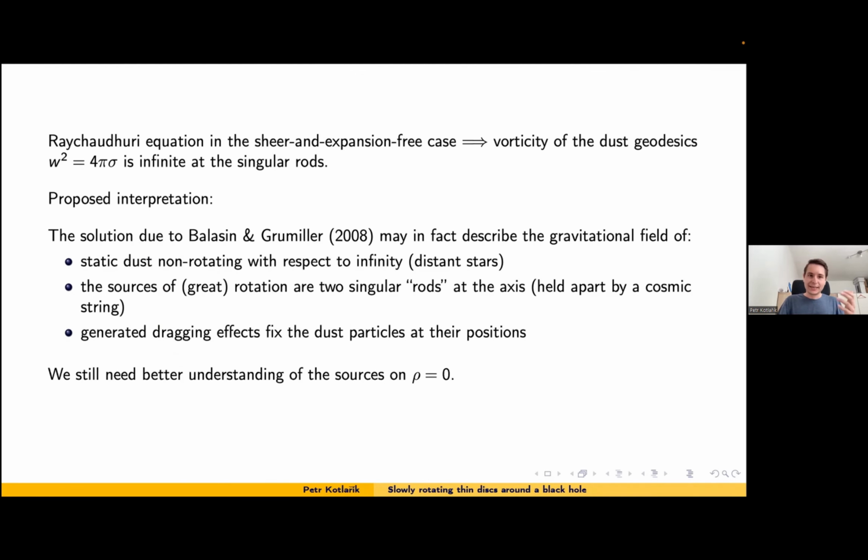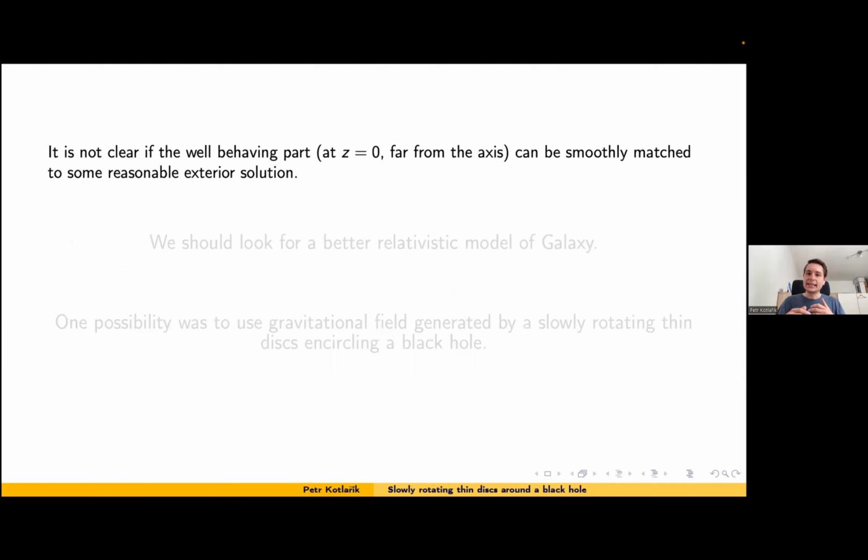And this is a kind of preliminary interpretation. We still need a better understanding of these sources on the axis. And I think it is not really clear if you can cut out the nice area, the part that really fits the rotation curves of galaxies, that means in the equatorial plane and far from the axis, and smoothly match it to some more reasonable exterior solution.